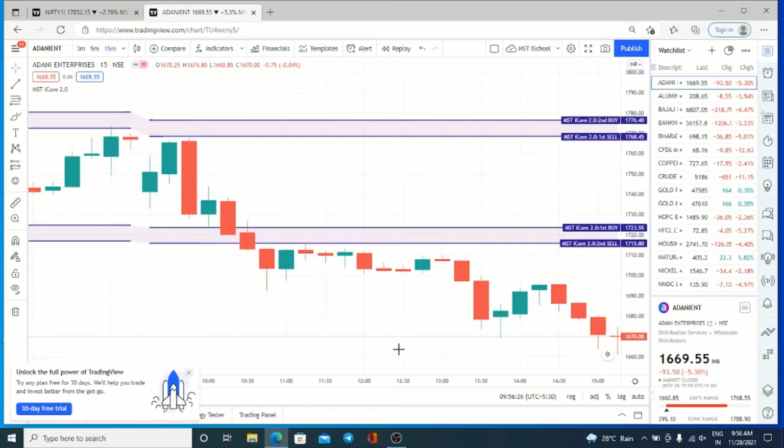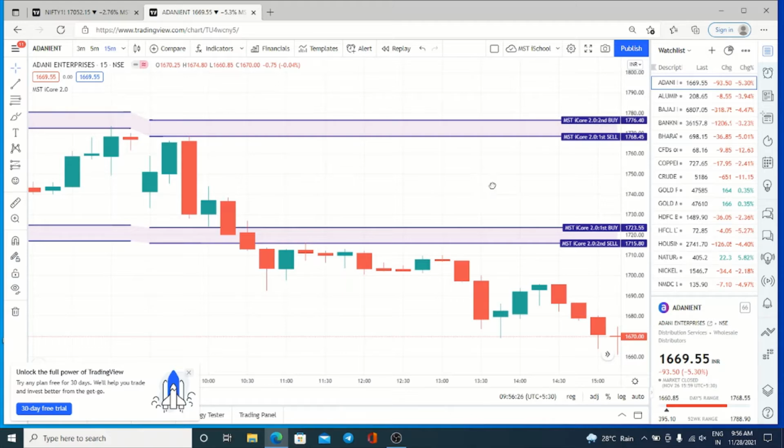In the morning, once the market has opened, wait for a few minutes and let these lines form. It will be forming around 9:25, 9:30 or 9:35. After 9:25, you can start trading as per this indicator. Go to the indicator settings and reset to default mode.